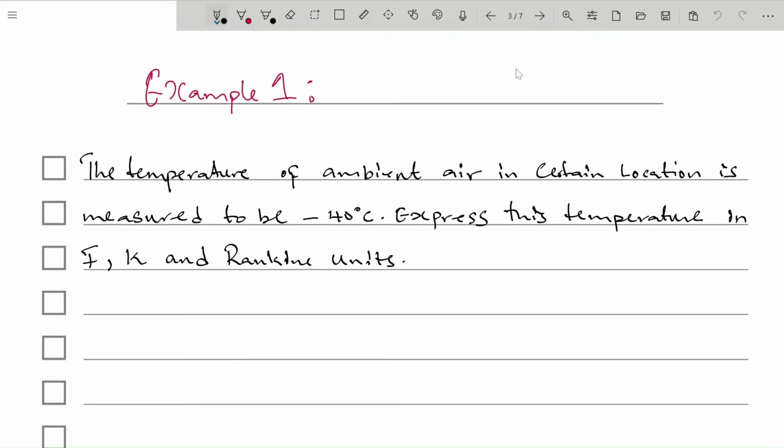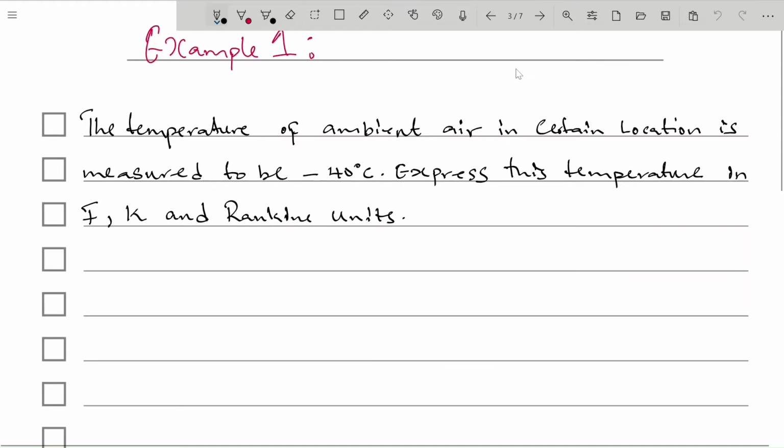Example 1. The question goes, the temperature of ambient air in a certain location is measured to be minus 40 degrees Celsius. Express this temperature in Fahrenheit, Kelvin, and Rankine units. Solution.